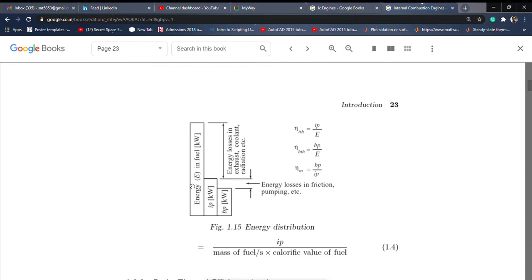But when the gases burn, there are some losses. You can see here these are the losses. Energy loss in exhaust: after combustion there are exhaust gases at very high temperature, so some amount of energy has been lost. And coolant: there is a radiator in the engine, or an air cooled engine.